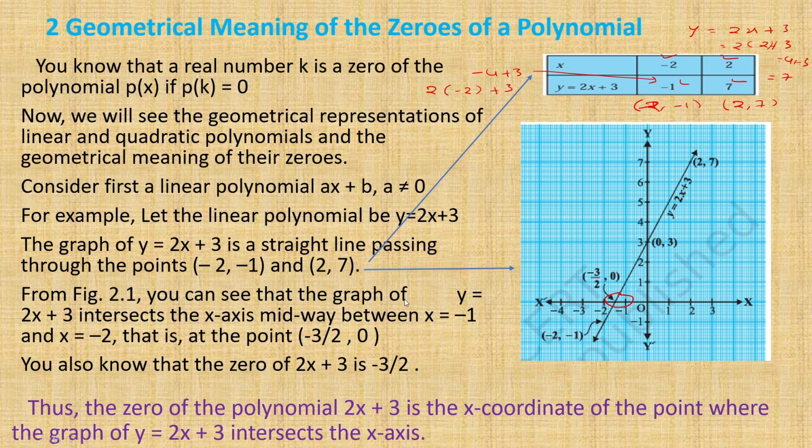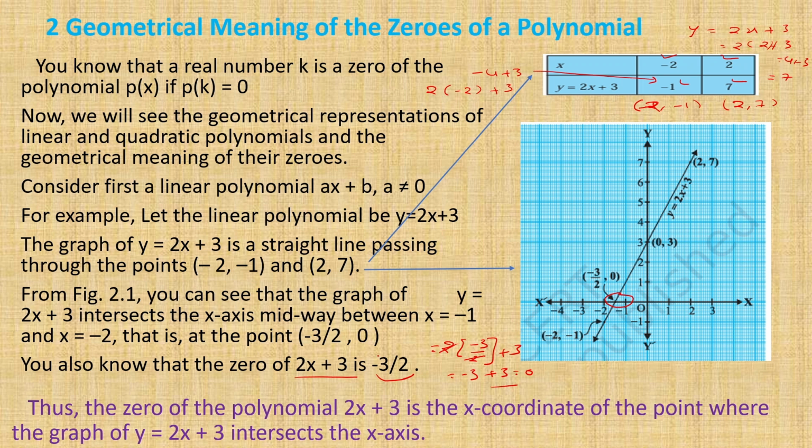By the definition of zero, a zero is where the graph touches the x-axis. That means the value of the polynomial at that point is 0. So the zero of 2x plus 3 is minus 3 by 2, because if we substitute x is equal to minus 3 by 2 in this polynomial, we get 2 into minus 3 by 2 plus 3, the 2 cancels, minus 3 plus 3 is equal to 0.